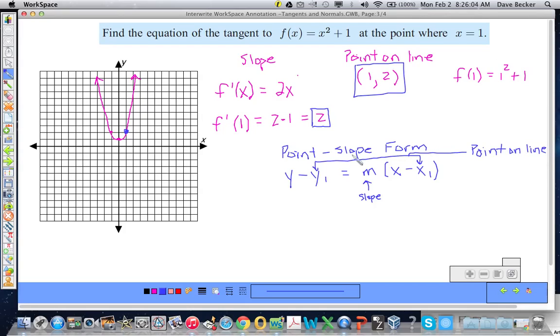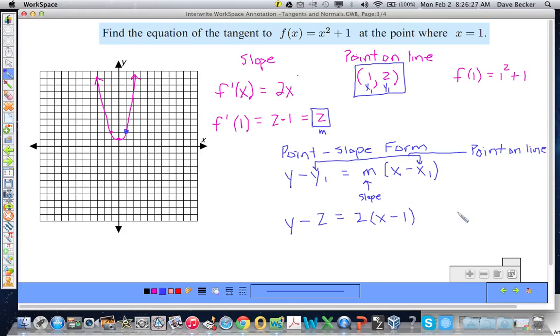Okay, so very simple, very easy. Y minus y1, so that y1 is 2 here, so this is my y1, this is my x1, and 2 is my slope. Okay, so y minus 2 is equal to 2 times x minus 1.